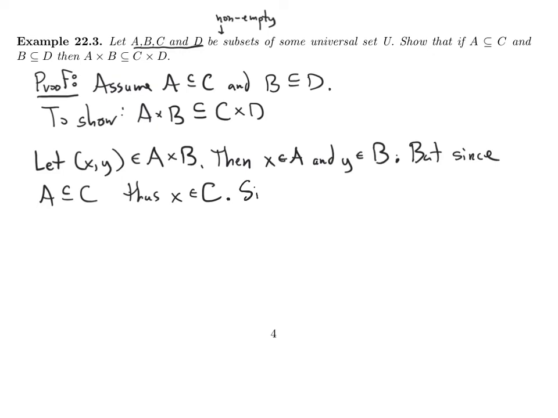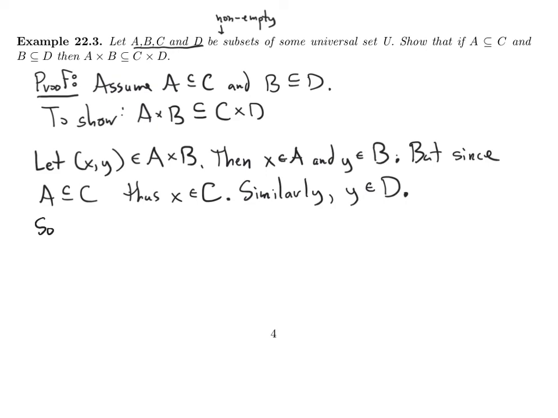And similarly, via the same reason, we know that y is an element of D. Since B is a subset of D, and y is an element of B, y must be an element of D as well.